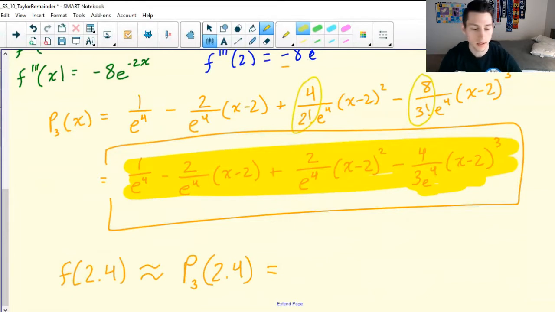I guess I'll go ahead and do it. One over e to the 4th minus 2 times x minus 2. So 2.4 minus 2 would just be 0.4, over e to the 4th.